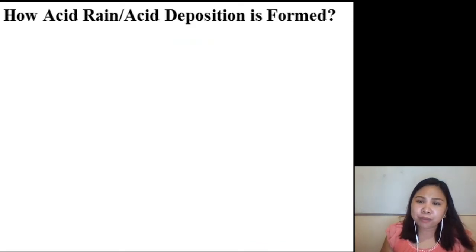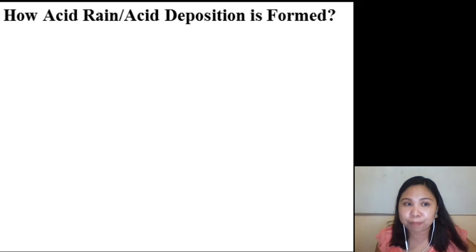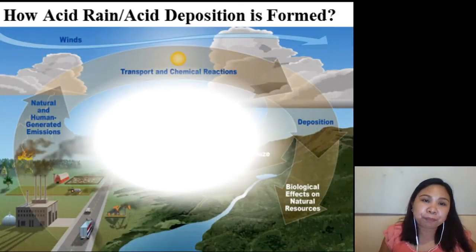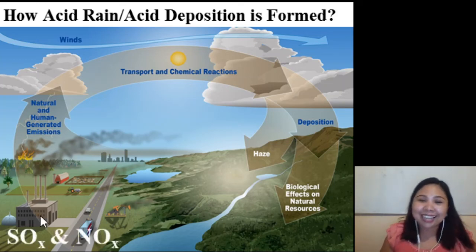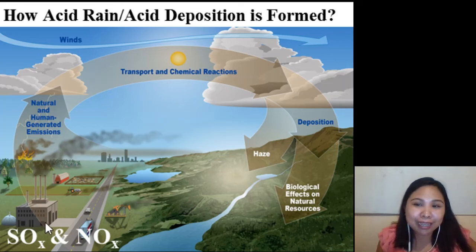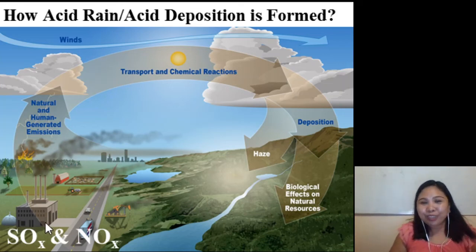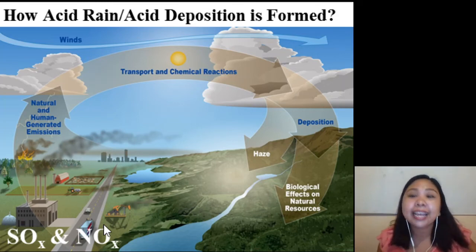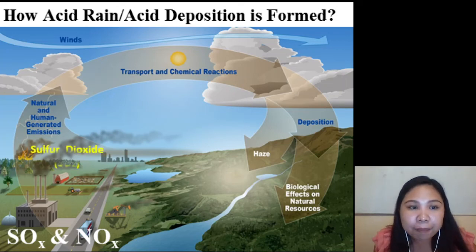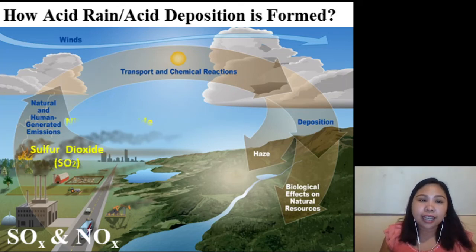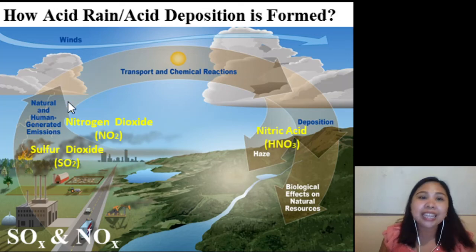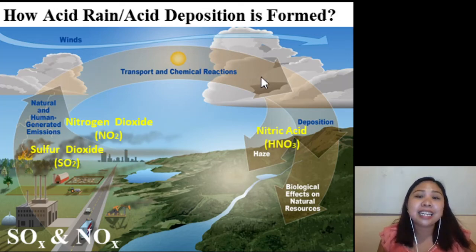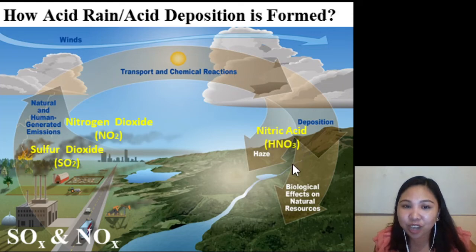Okay? So, paano ba na-form, ma'am, ang acid rain or acid deposition? First of all, merong involved na pollutants. Babalikan natin yung sono: sulfur dioxides or sulfur oxides and nitrogen oxides. Kapag ang sulfur dioxide at ang nitrogen dioxide ay nagkaroon ng interaction within the atmosphere, nag-generate po yan ng nitric acid or HNO3.